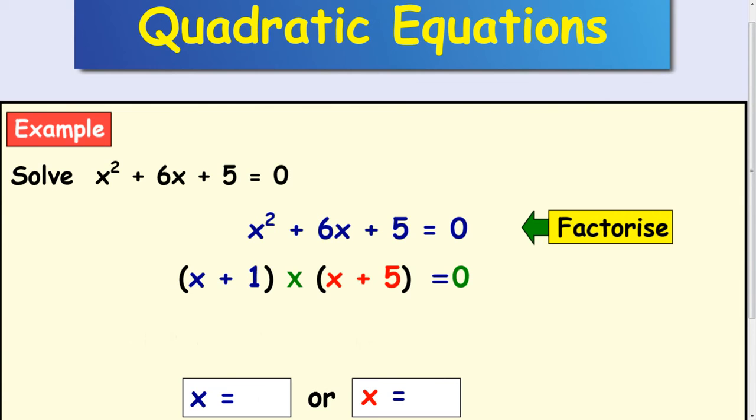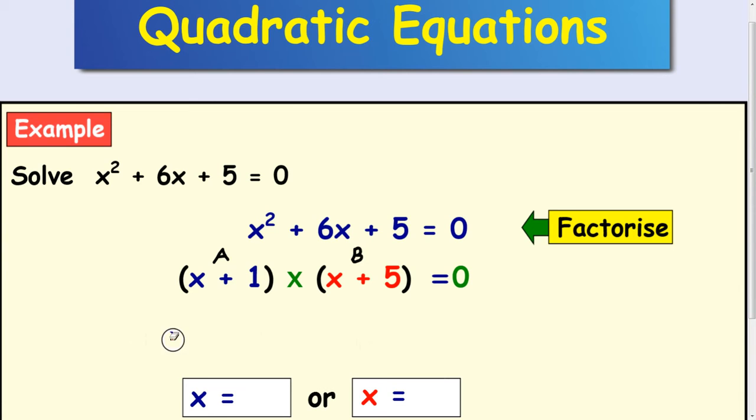Now, this first bit would be your A, and this second bit would be your B. So to solve this, we need to find an x value to make the first bracket equal to 0. And it doesn't matter what this comes to, the whole thing will go to 0.